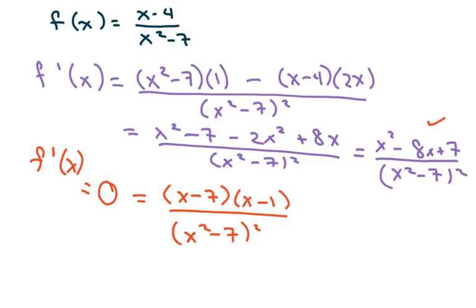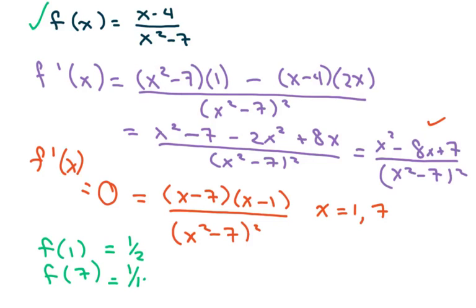And when you do that, you're going to get x is 1 and x is 7. So what we're going to do is evaluate f of 1 back into this equation and f of 7. So when you plug in the 1, you're going to get 1/2. And when you plug in the 7, you're going to get 1 over 14.